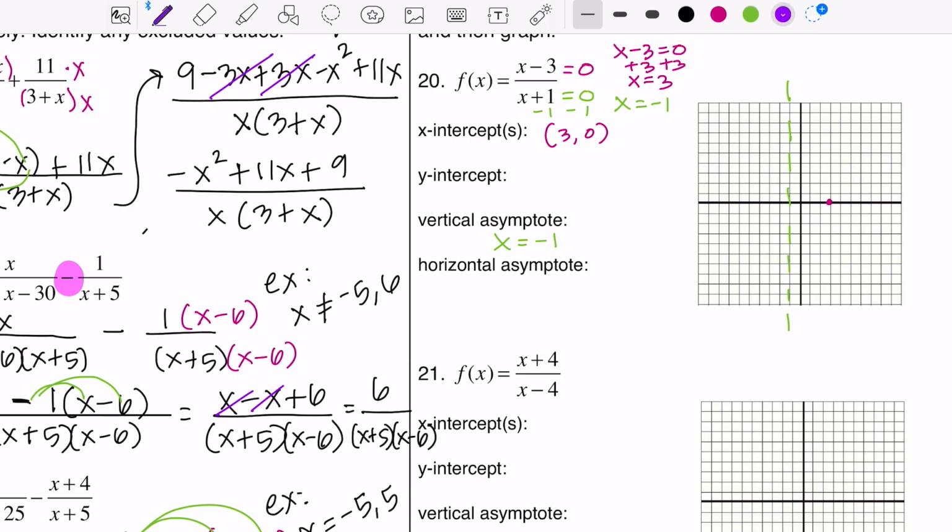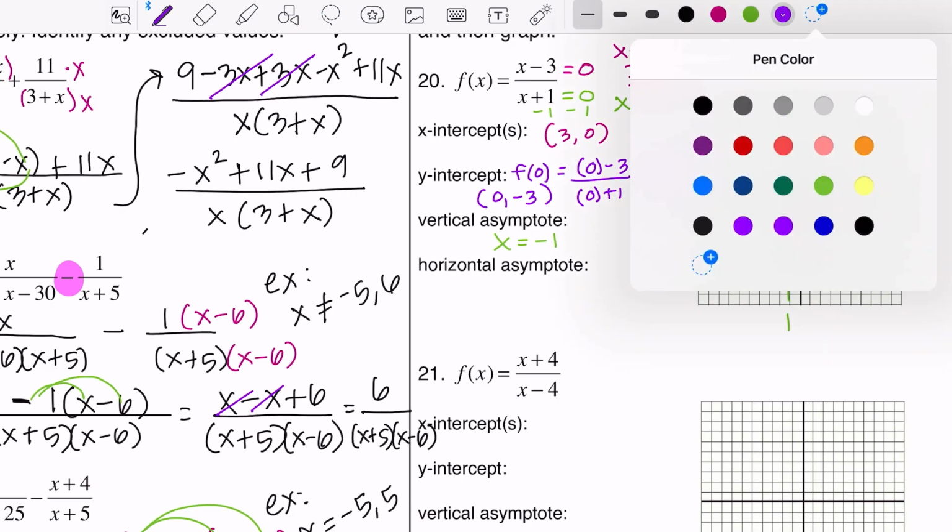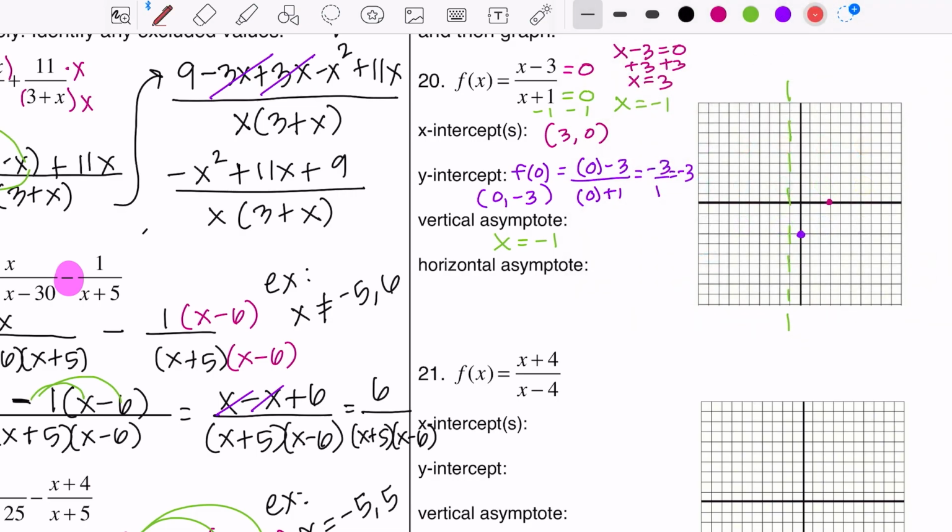And then the third 0 is plugging in 0. And that will be our y-intercept. Because if you ever want to know your y-intercept, you plug in x equals 0, which gives me negative 3. So that's (0, -3), which is here. And then finally, I am going to look at this and get my horizontal asymptote.